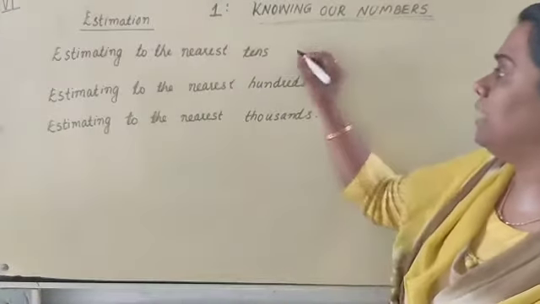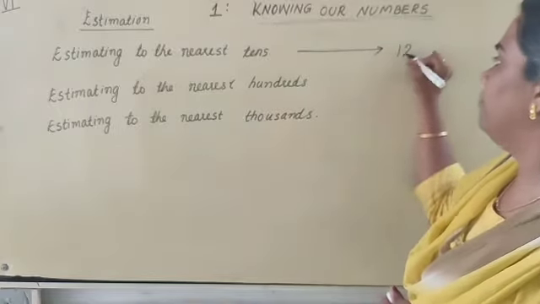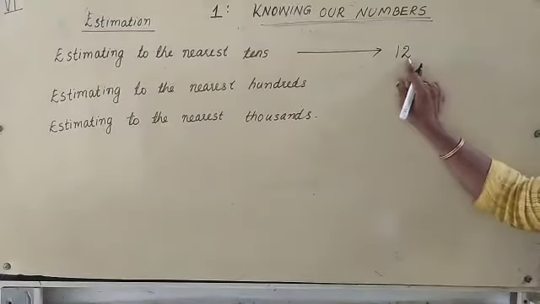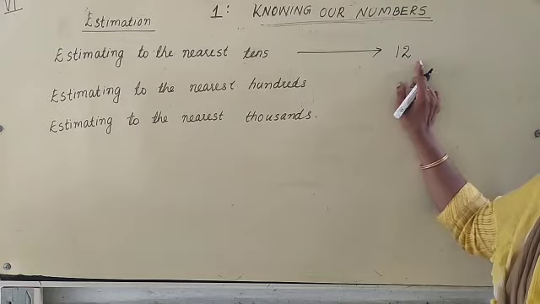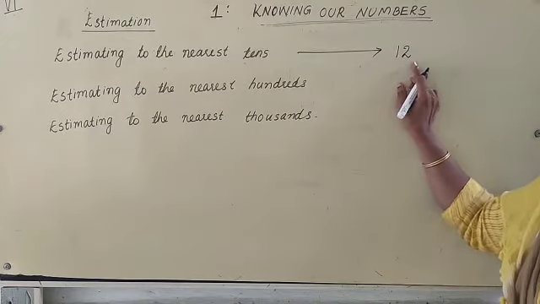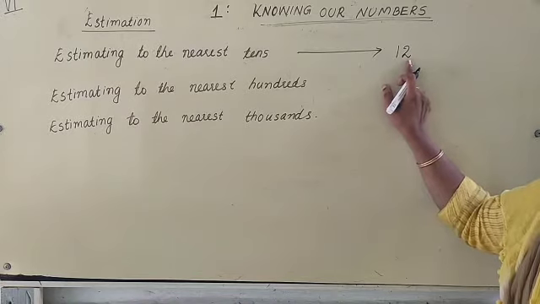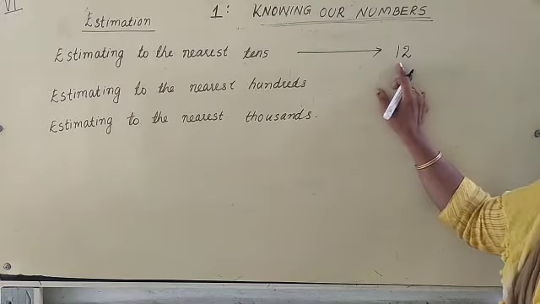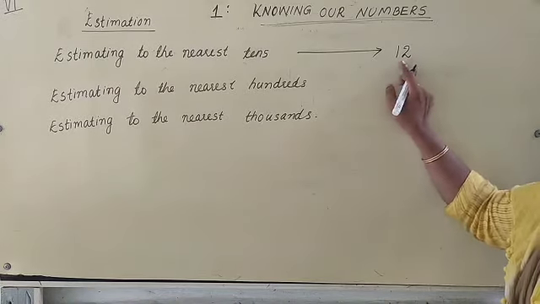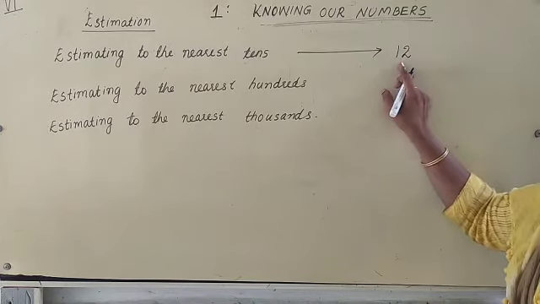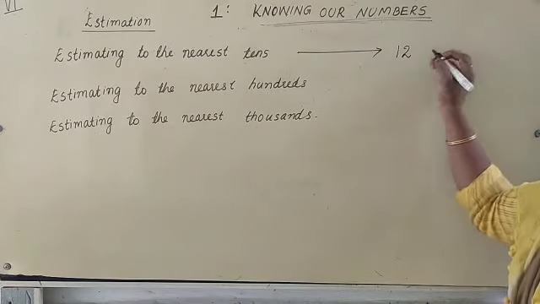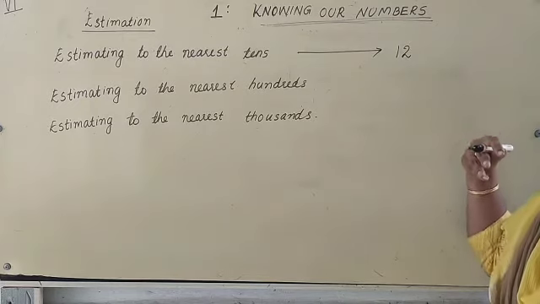When we discuss the numbers, take 12. When we estimate to the nearest 10, you have to check the unit place digit. This 12 is between 10 and 20. Is it closer to 10 or 20?